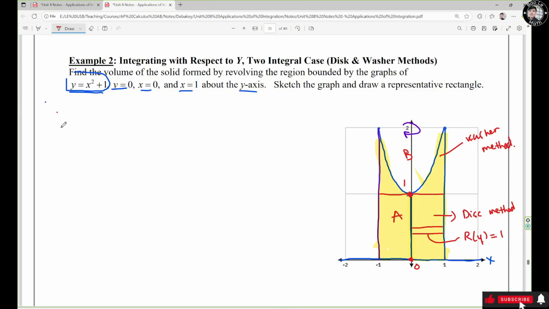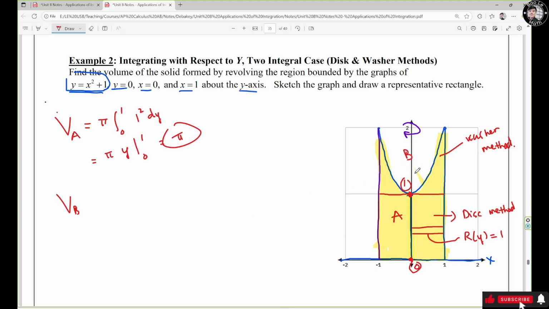So the volume of the solid A is pi, integral from 0 to 1, 0 right here and 1 right here, 1 squared dy. So it's going to be pi y evaluated from 0 to 1, so it could be pi. Now, the volume of the solid B right here, we're going to use washer method.